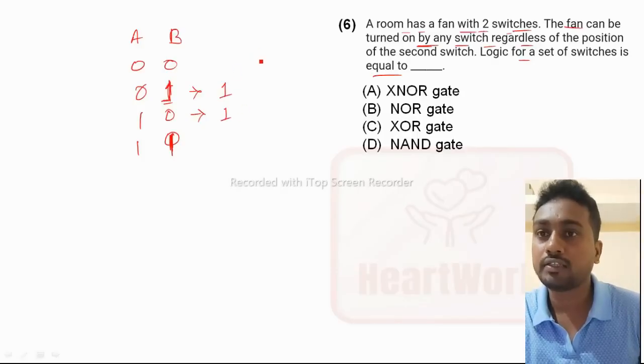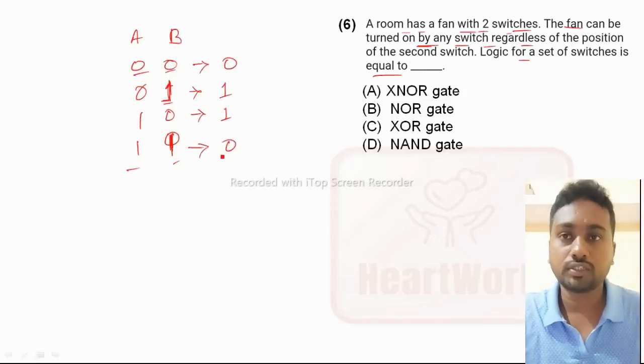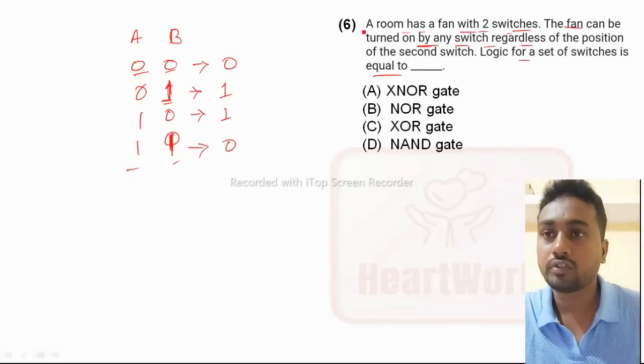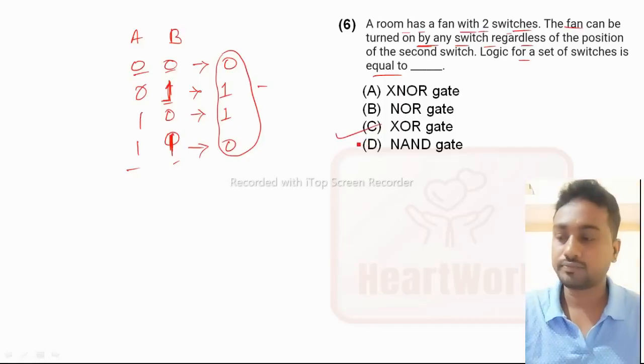Or the condition is, if the same position is there, like 0 0, then it will be off, and 1 1, then it will be off. So this is the truth table according to this question. This is the XOR gate. So option C is the right answer.